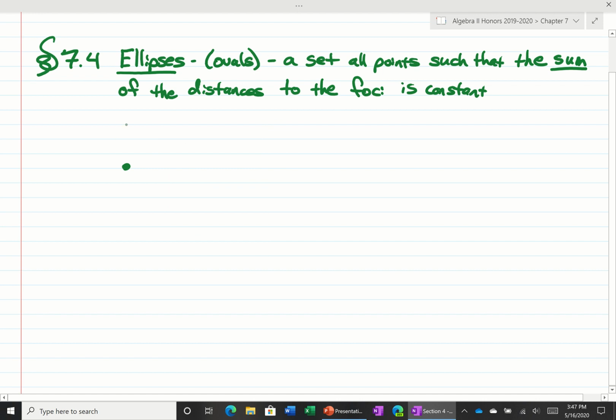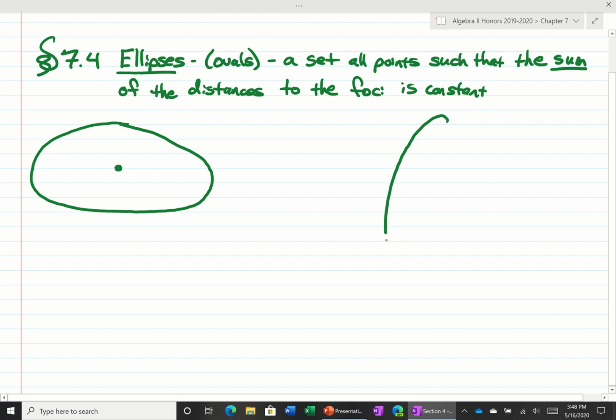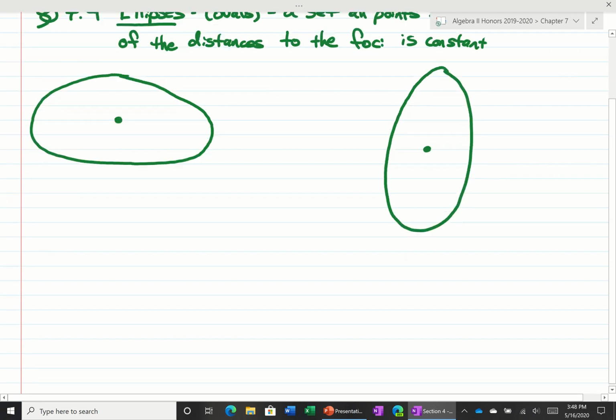An ellipse would look something like this. Something like that. And maybe the center would be over here. So that would be a horizontal ellipse. And we could have a vertical ellipse.